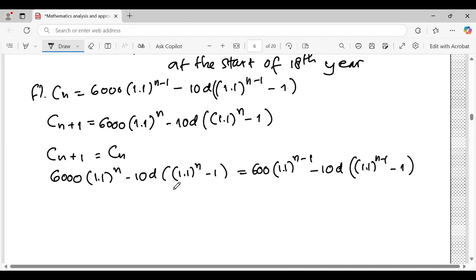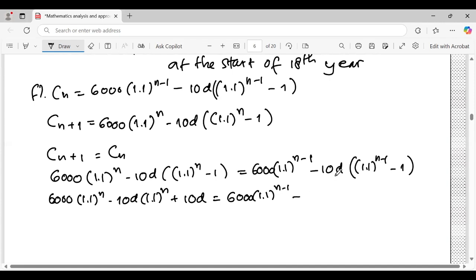After that, multiply 6,000 and 10D times this expression, plus 10D. Okay, this is 6,000 times 1.1 power n minus 1. Multiply this 10D times 1.1 power n minus 1 plus 10D. So it becomes 0.